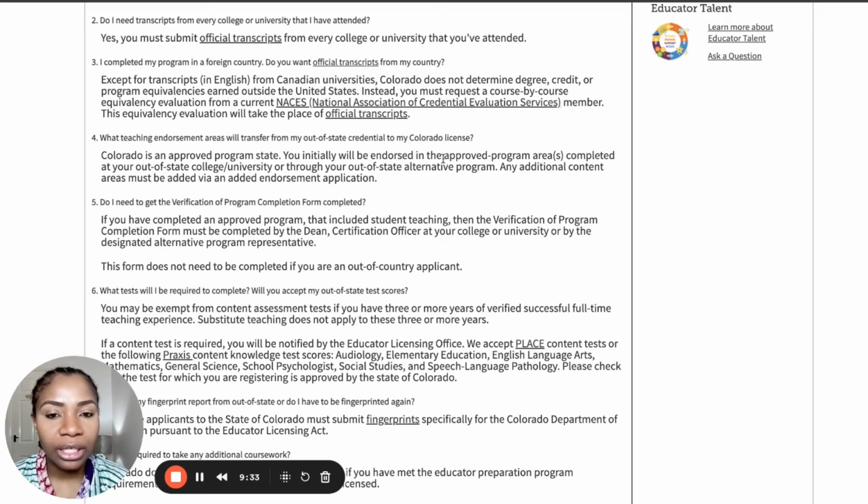What teaching endorsement areas will transfer from my out-of-state credentials to my Colorado license? You initially will be endorsed in the approved program area completed at your out-of-state college or university or through your out-of-state alternative program. Any additional content area must be added via an added endorsement application.